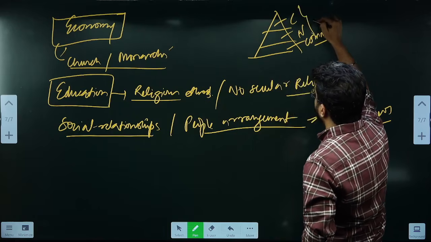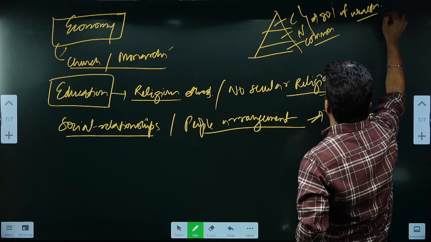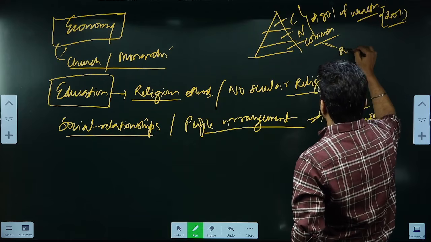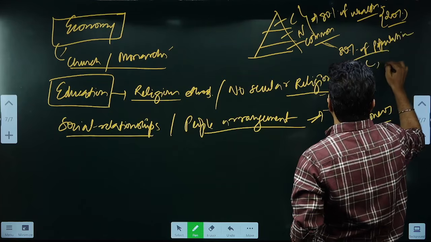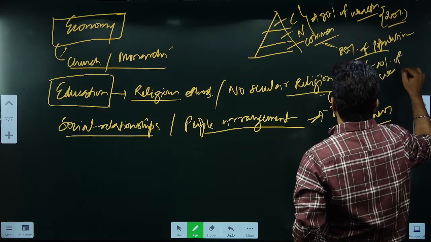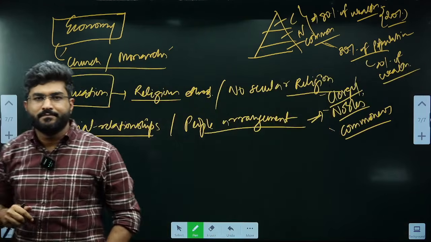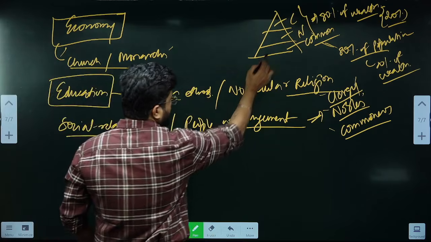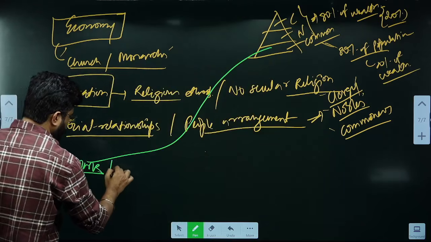The clergy and nobles held more than 80% of the wealth, but they constituted only 20% of the population. The commoners are 80% of the population, but have only 20% of the wealth. Don't you think this is problematic? Every work is going to be done by these commoners. They have to pay taxes.